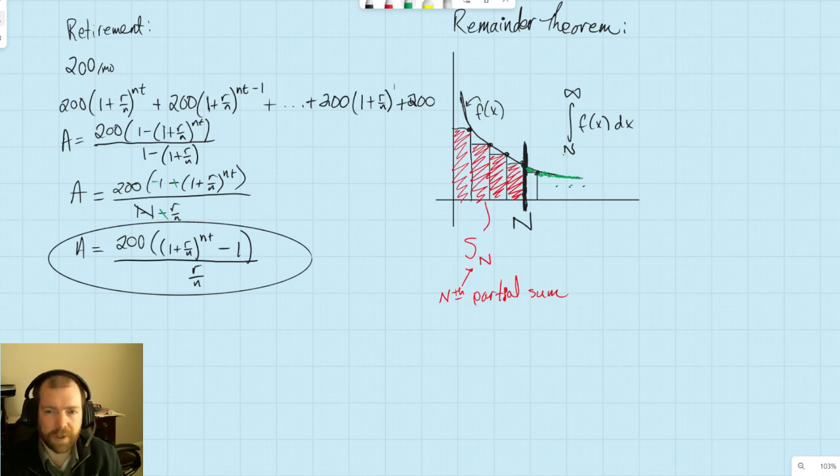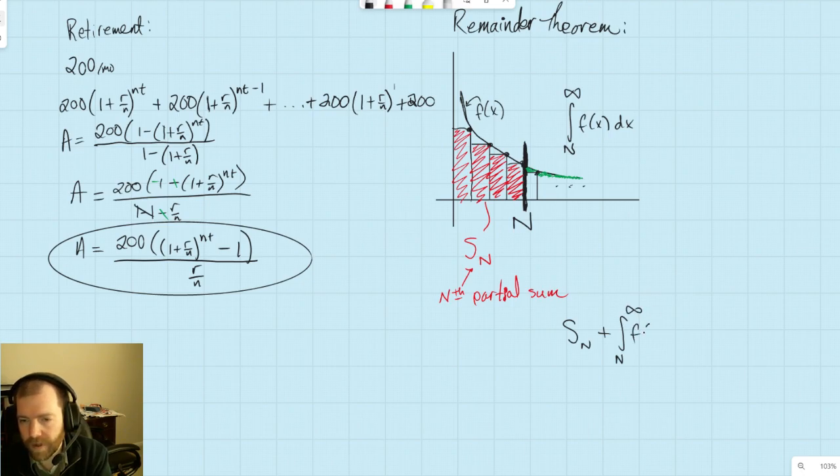So our integral here from n to infinity of f of x dx is going to be too big for the actual sum of the terms. So s sub n plus the integral from n to infinity of f of x dx is going to be greater than, and I'm writing this backwards, the sum going from i equals 1 to infinity of a sub i.